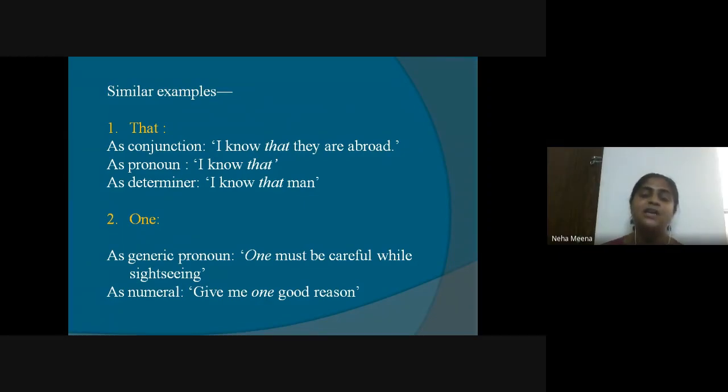It is joining the two parts of the sentence. I know, this clause can end here; they are abroad is another clause. By adding these two we are forming a complex sentence, and "that" is used to join these two different parts.